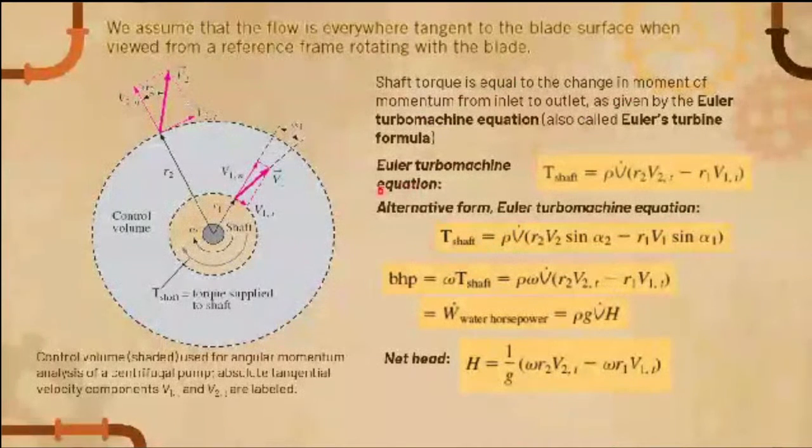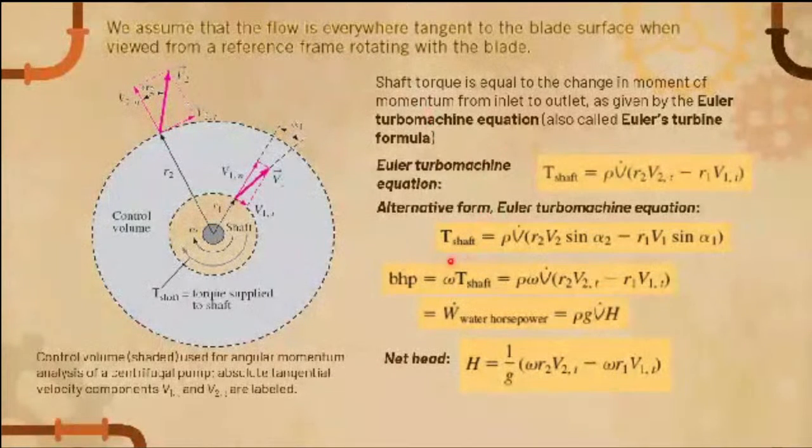Next, we will look at the equation to find out the torque. So this is the shaft torque by using the equation. You have the rho, which is the density of the fluid. You have the volumetric flow rate. Then this is the R1, the radius, and the tangential velocity.